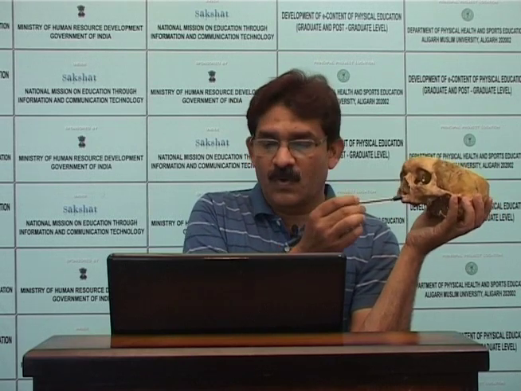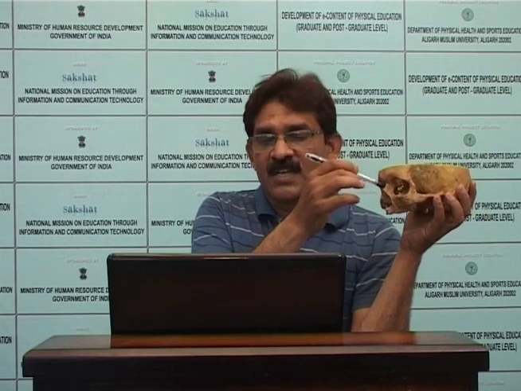This is the vomer bone. In the lower side, the mandible, teeth, and this is the maxilla. These are the foramina of the maxilla, and this is the nasal bone.